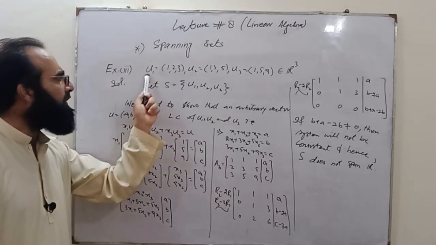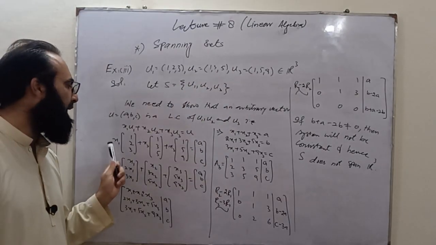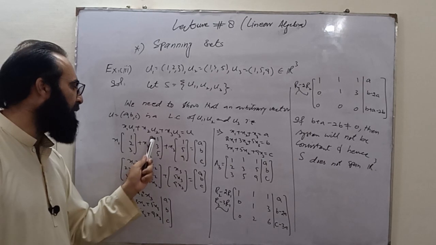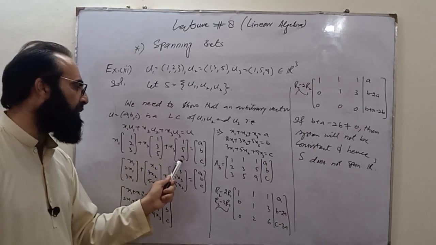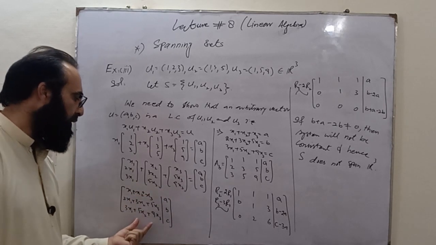Now put these three given vectors and this specific vector in this equation. Multiply x1 with (1, 2, 3), x2 with (1, 3, 5), x3 with (1, 5, 9) and add these vectors on the left side.